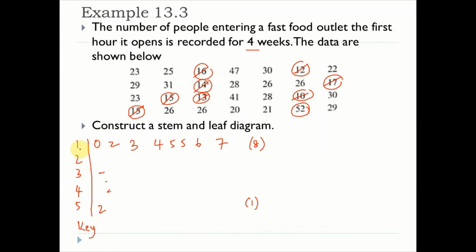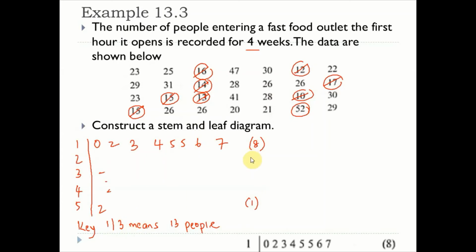So contohnya ambil 13 ni. 1 bar 3 means, since we are talking about number of people, means 13 people. Okay, one more thing, your key ni must be a data that exists. Contohnya dalam ni you tak ada 18, so you cannot put 1 bar 8 here, sebab dalam data you tak ada 18.